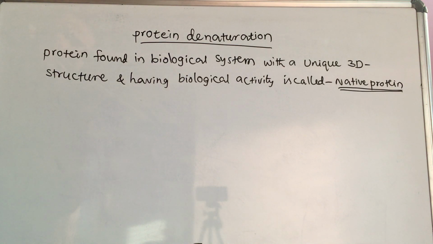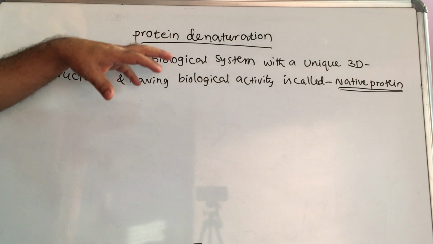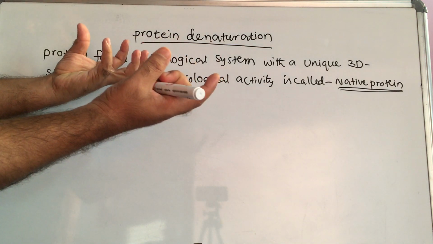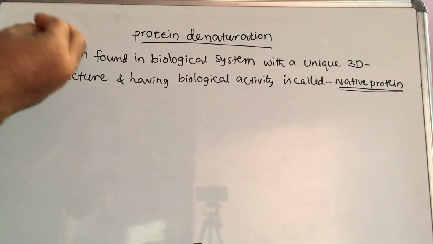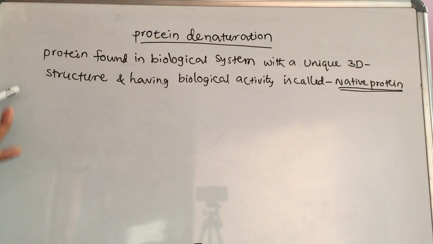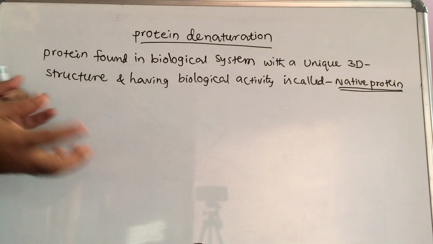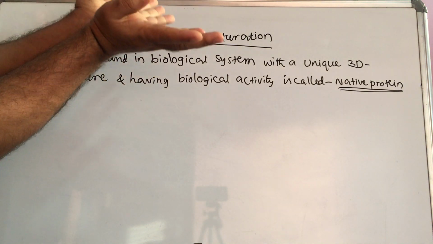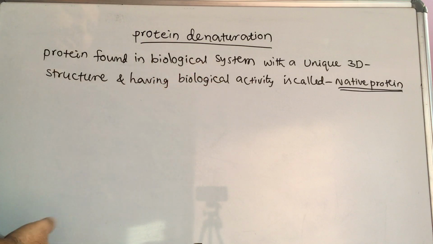That's why protein denaturation generally means unfolding of the three-dimensional structure of the tertiary protein only. We can't say quaternary, because quaternary is nothing but the subunits. That's why it is mainly the unfolding of the folded tertiary structure that is called denaturation.